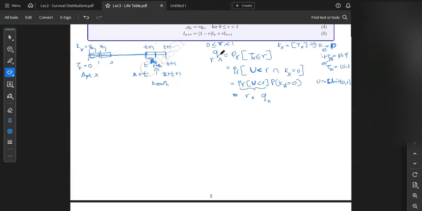We wanted to find the probability of death starting at age X, but only for a decimal number period, which is spanned from 0 to R. It is the same because of the uniform distribution assumption between 0 and 1. So we get the annual death probability for that entire year period multiplied by that fractional number. So it's just easy.